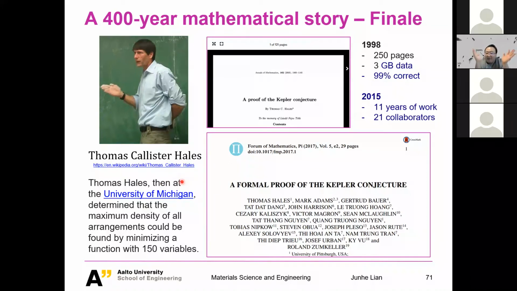He exactly followed the approach pointed out by Professor Toth, and he used a minimization function with 150 variables. It's a very interesting journey for him to get it done. Actually, the whole journey took about 20 years to get this conjecture proved. But now it is proved. So you can now be sure that the best packing of oranges is FCC or HCP.